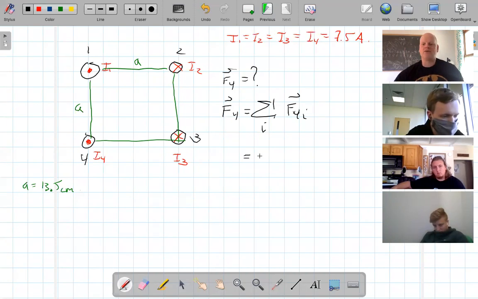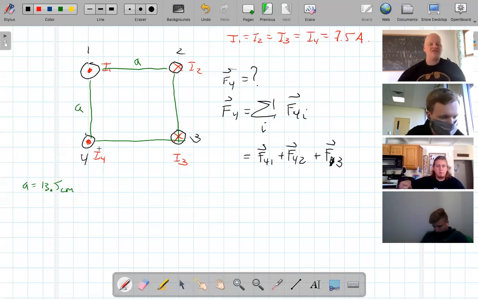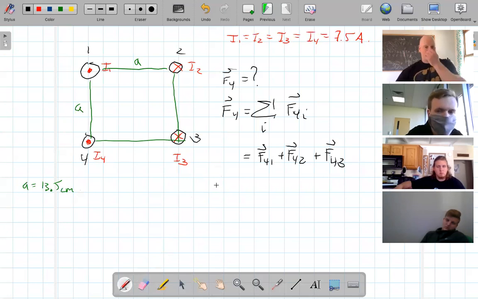So this is then equal to the force on wire 4 by wire 1, plus the force on wire 4 by wire 2, plus the force on wire 4 by wire 3. And it feels no force from itself, right? So there is no fourth force on this guy. That look like a human being wrote that. There we go. Okay. So good.